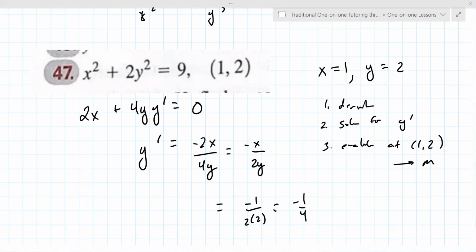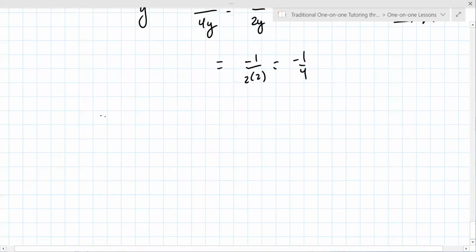Is that all it's asking? No. You have to write the equation of the line. So it's y minus y1 equals slope times x minus x1. You just use the point.